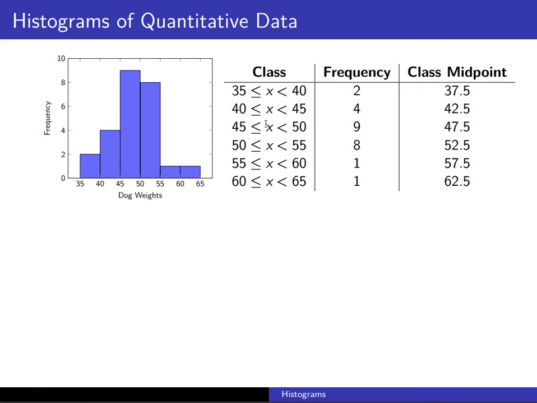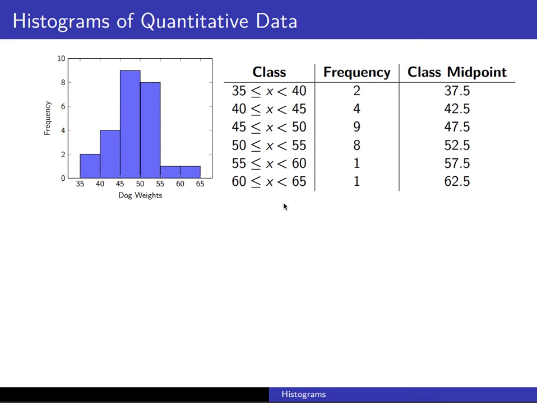Again, any value that's greater than or equal to 35 but less than 40 goes in our first class, and in our video with the husky dog weights, we did have two huskies that were between 35 and 40. If the value is greater than or equal to 40 but less than 45, it's going to go into this second class, which we had 4 of, and we can fill out the rest of them as well.